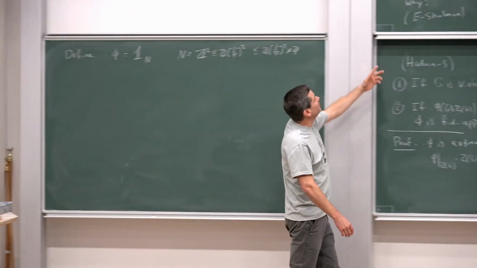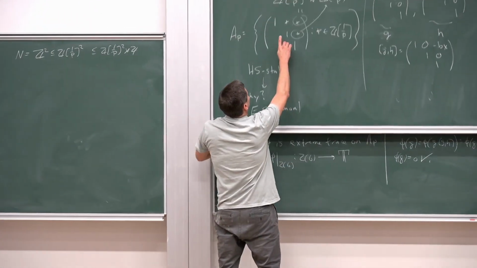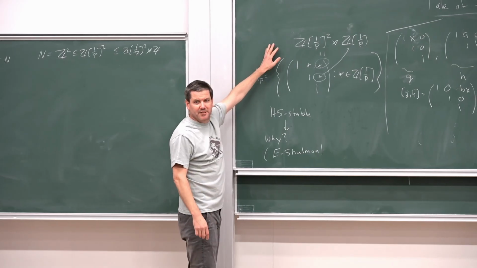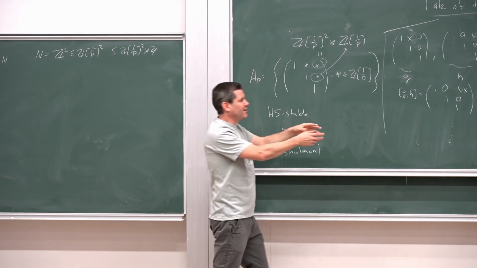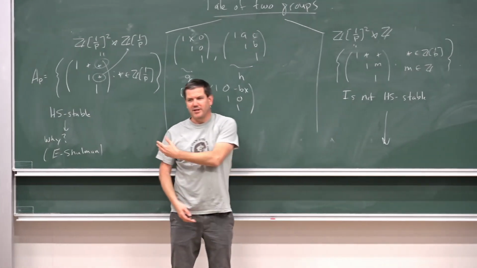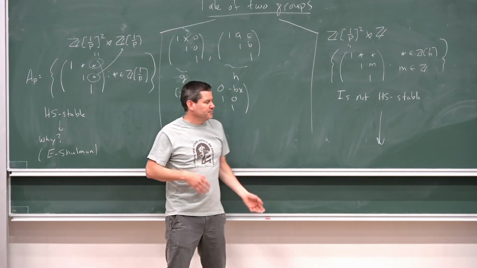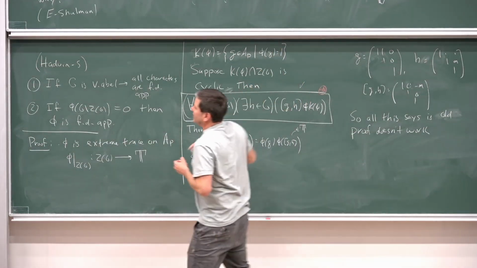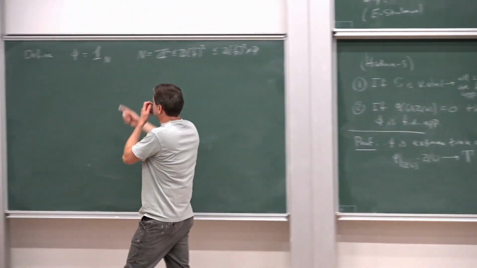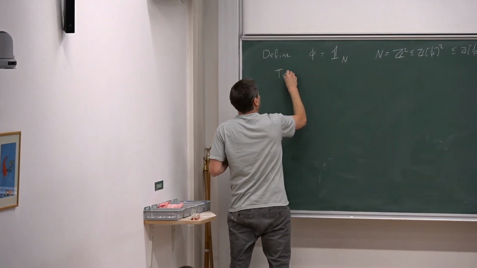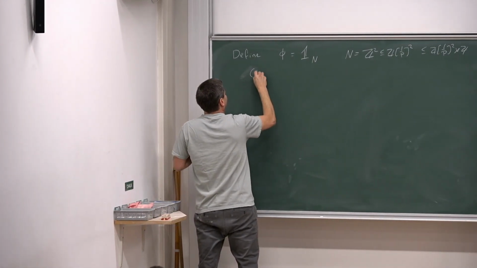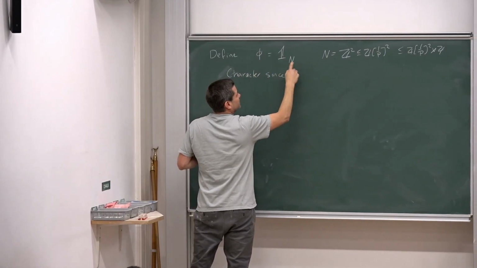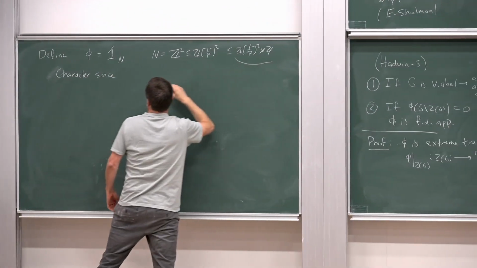In the first group, if I took Z squared, this is just a positive definite function, but it's not a trace. So if you try to take this proof and work it over here, that's the obstruction there. Okay, so this is a trace, a character, since N is normal in here.